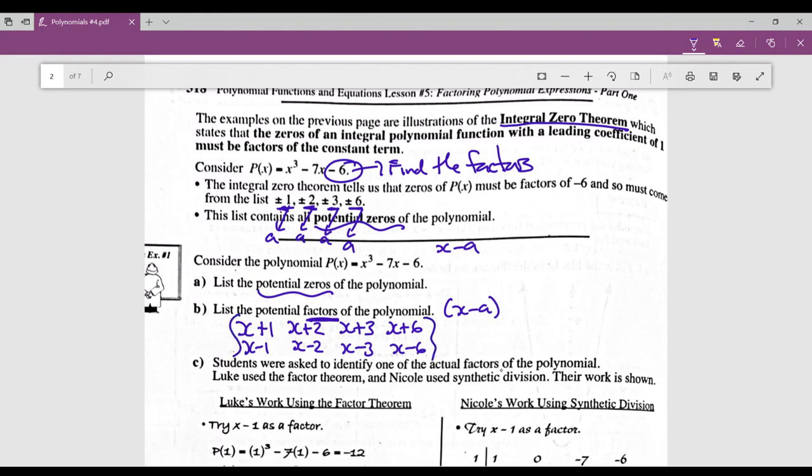Those are the potential factors of that polynomial. Or, if you want to shorten it, you can just go x plus minus 1, x plus minus 2, x plus minus 3, x plus minus 6. I will do it that way, but it's your choice if you want to write them all out. That's all you have to do: look at the last term, figure out all the numbers that multiply to it, and then write them in the form x minus a, and those are the potential factors of your polynomial.